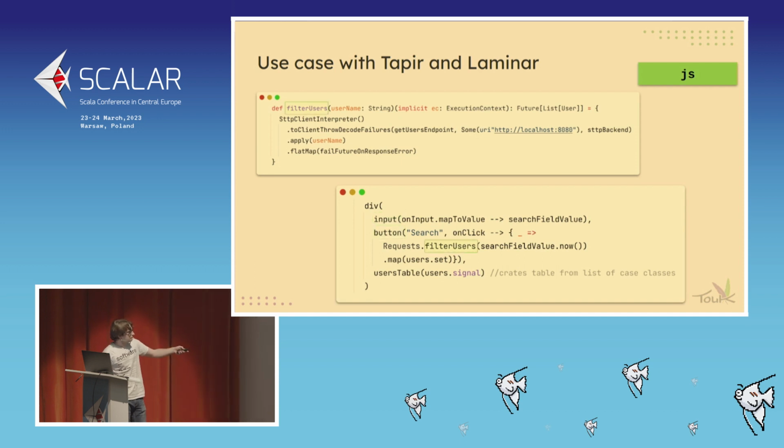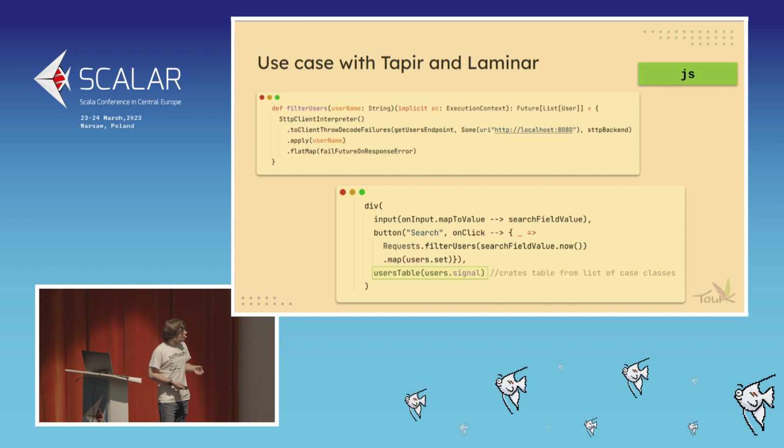And we have our button, which on click is going to filter users, so it's going to call the API and give us users from the database. We filter by, let's say, a condition that the name has to contain a certain letter. We are assigning that user set, and users table, I will just simply explain, is another Laminar component I've created, which takes a list of users and creates a table out of it.